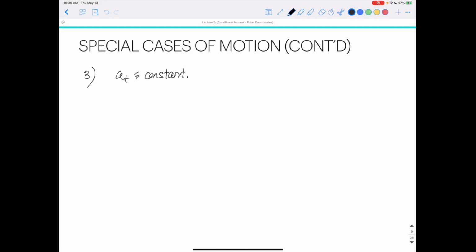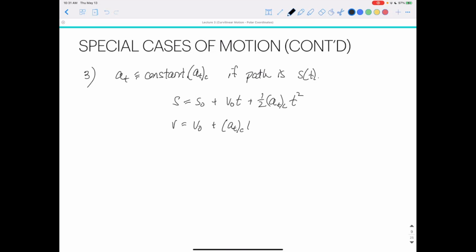If the path is defined by S at t, then our equations of motion from before are: S is equal to S0 plus our initial velocity times time plus 1/2 our tangent acceleration, which is now constant, times time squared. Our next equation, velocity is equal to our initial velocity plus that constant acceleration term times time.